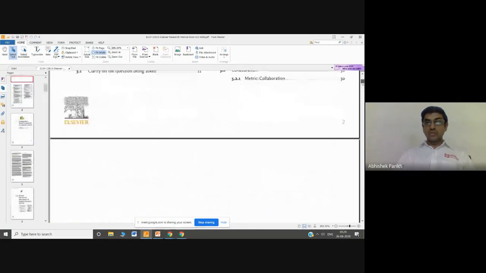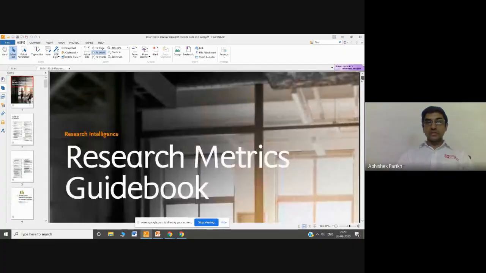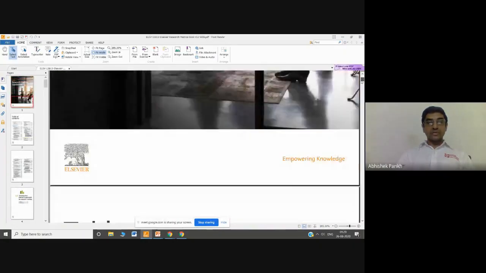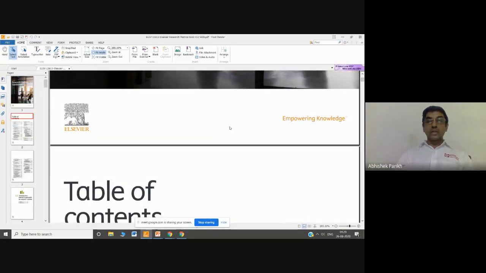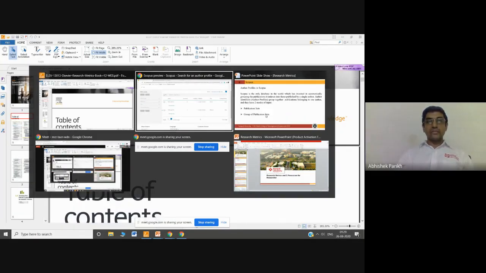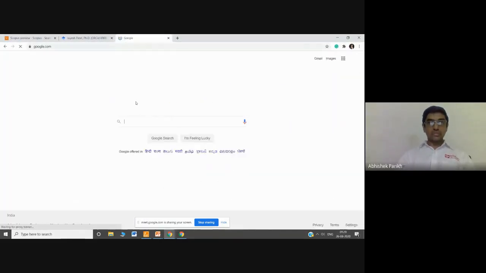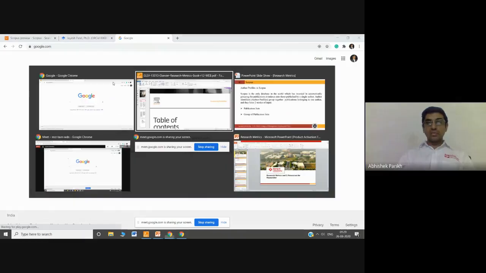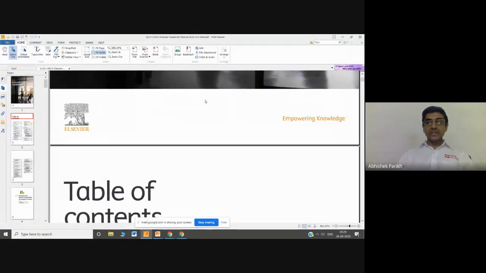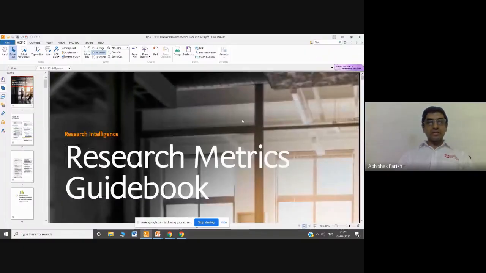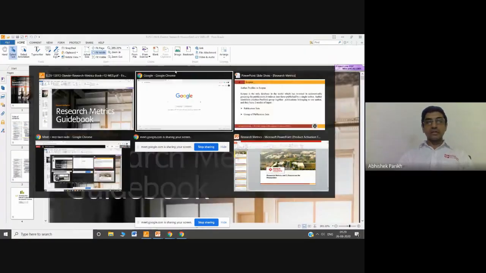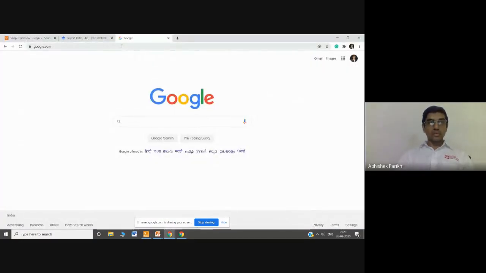I will not go into the definition. This guidebook is designed by Elsevier only, and it is the first search result in Google. You can search on Google to identify this book and download it. It gives a more detailed explanation of research metrics. At this level, we need not go into that much detail. We need to understand the author level only.